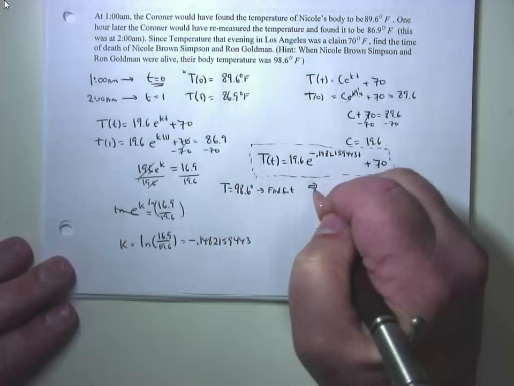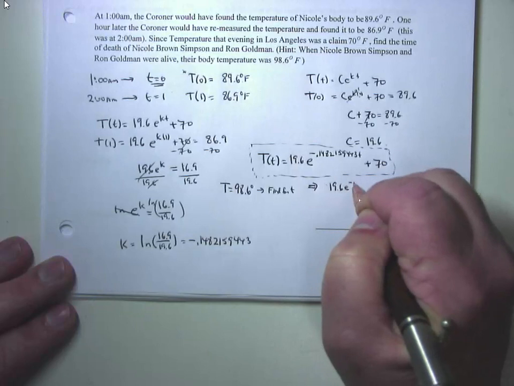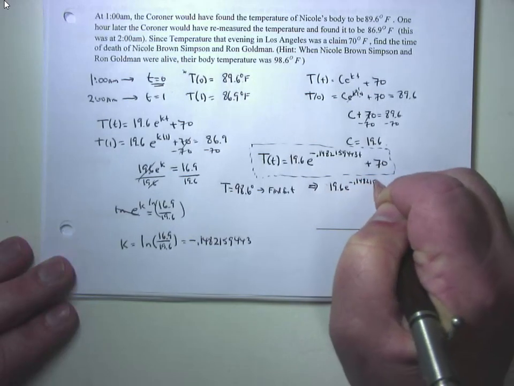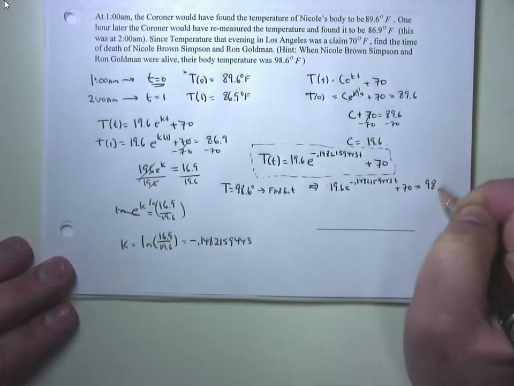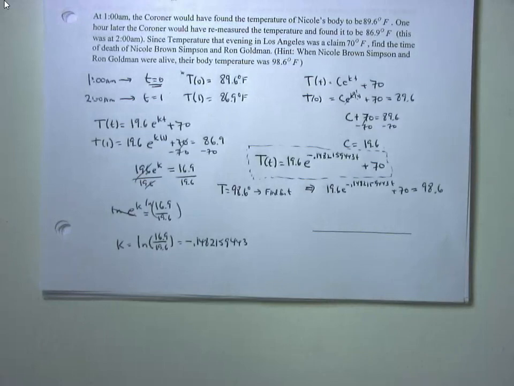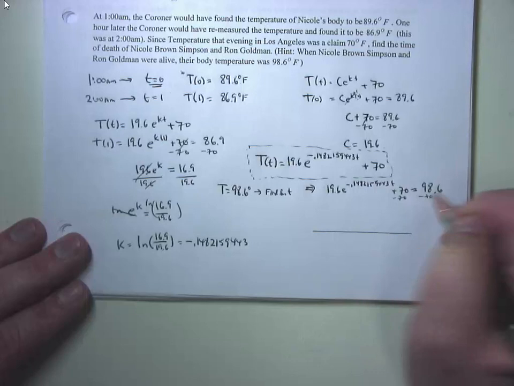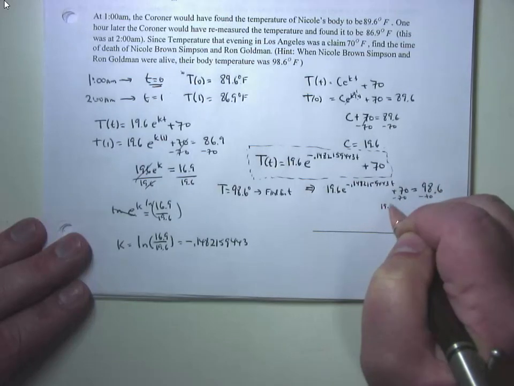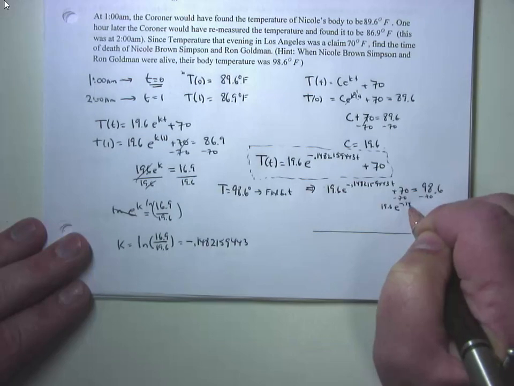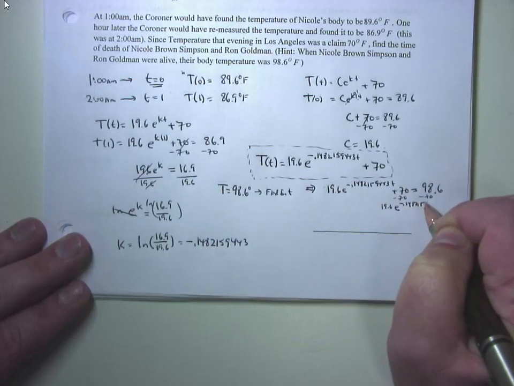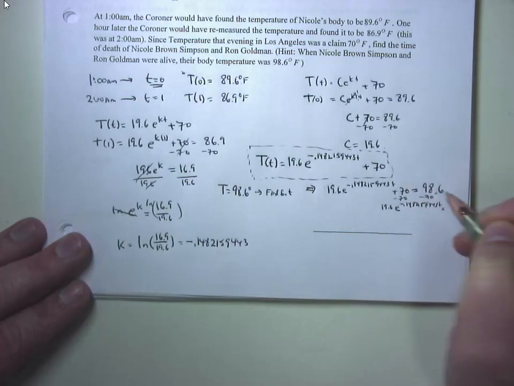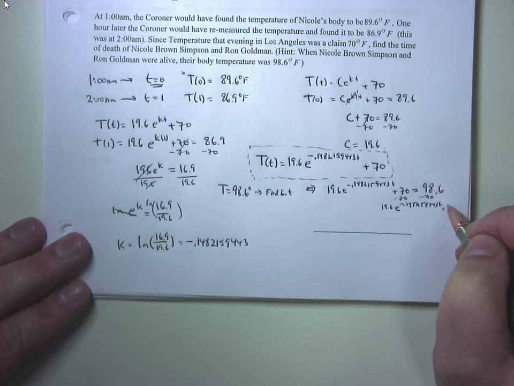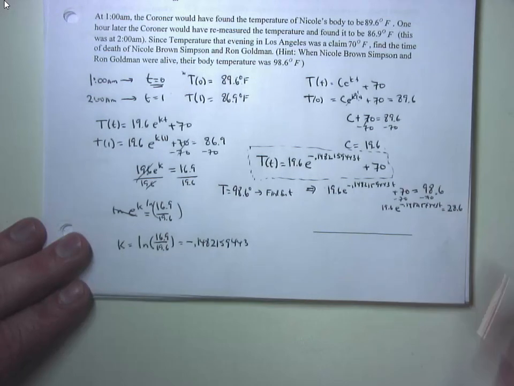So here we go. I'm going to get 19.6 e to the negative 0.1482159443 t plus 70 equals 98.6, and I'm going to solve for t. Does that make sense? How would I solve for t? Subtract 70 from both sides. That gives me 19.6 e to the negative 0.1482159443 t equals, let's see here, 98.6 minus 70 is 28.6.